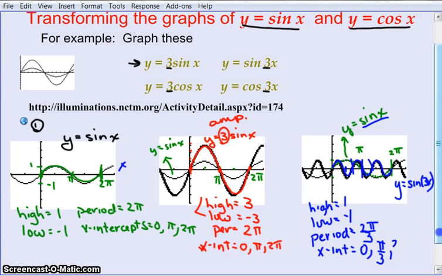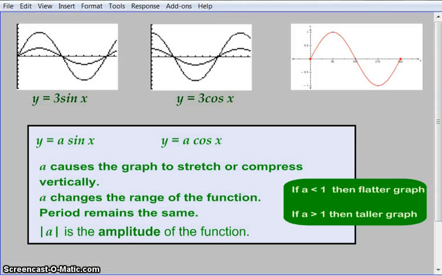Then again at 2 pi over 3. Then we cross again at pi. And then 4 pi over 3 and 5 pi over 3 and 6 pi over 3. So we're crossing the x-axis a lot more often.